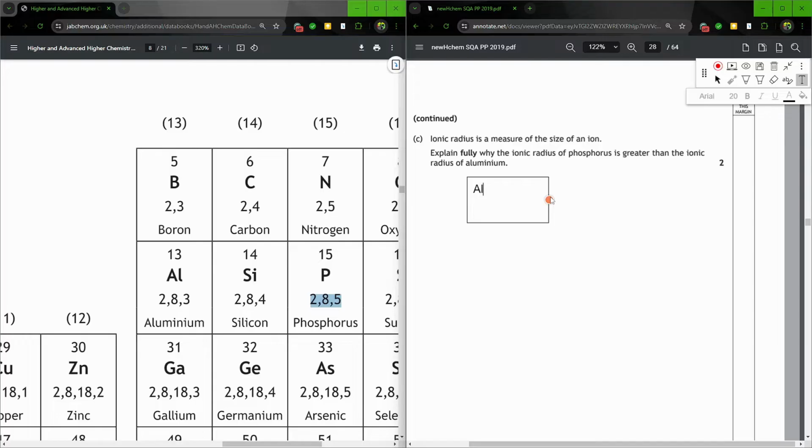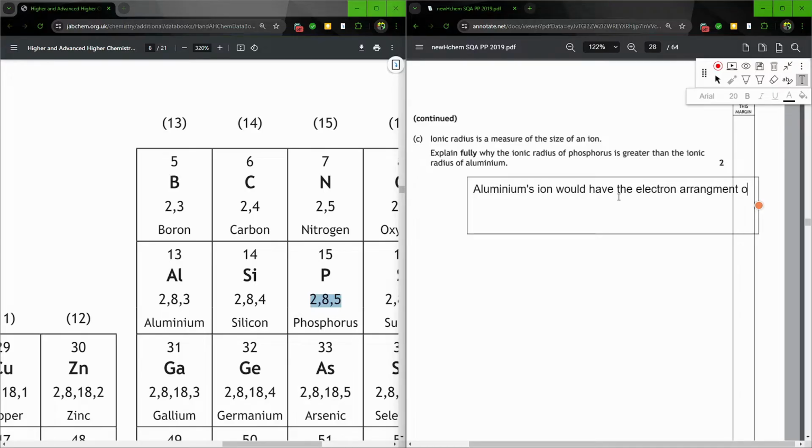So we can say aluminium ion would have the electron arrangement of 2,8, while phosphorus's ion would have the electron arrangement 2,8,8.